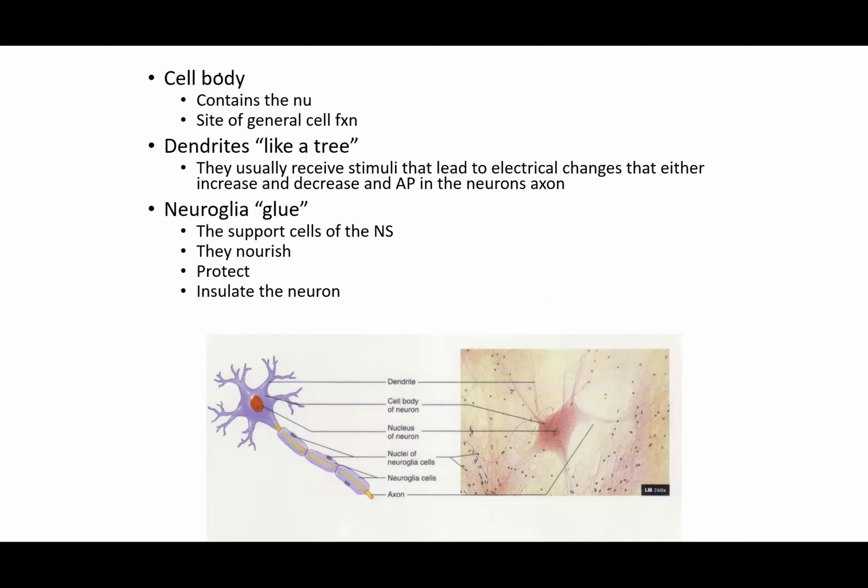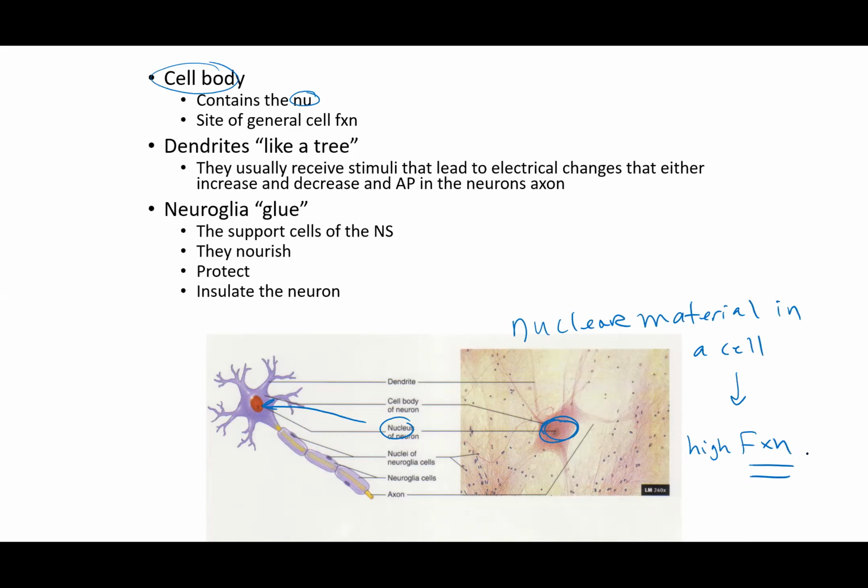Okay, the cell body contains the nucleus. So there's your nucleus. It's what you would see under a microscope. You can see it there. Anytime you have nuclear material in a cell, that is very, very high functioning.